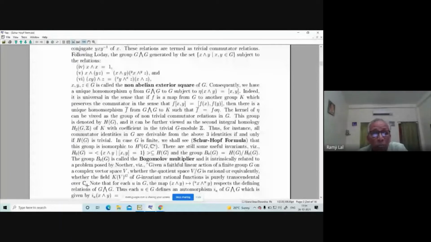So the abstraction of this is the Bogomolov multiplier, which we have described over here. This is an important invariant which has a lot of applications in geometry.